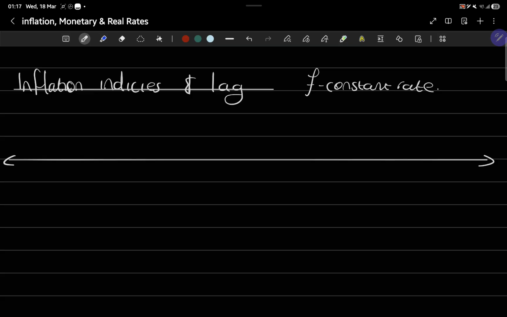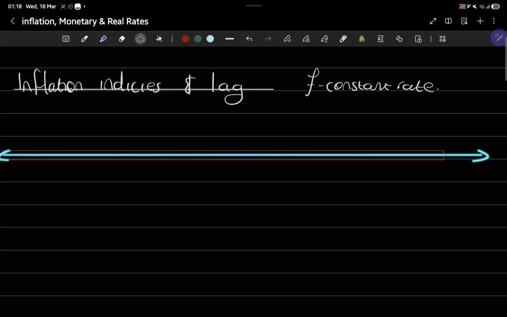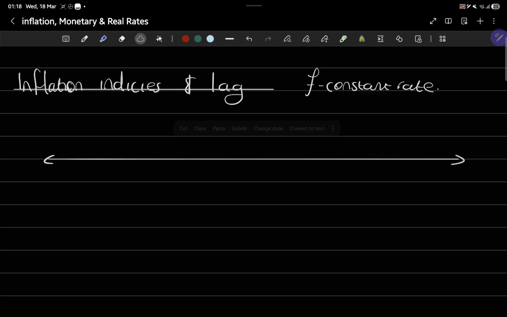It can be a retail price index or the consumer price index. So let's make this a bit smaller. Instead, we're going to have a timeline here: time 0, time 1, time 2, time 3, time 4, time 5.